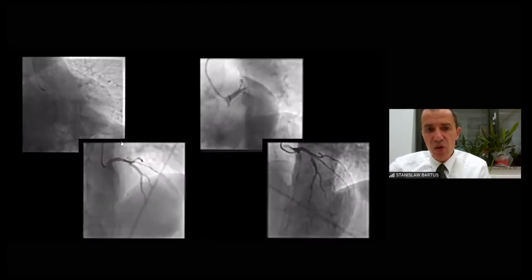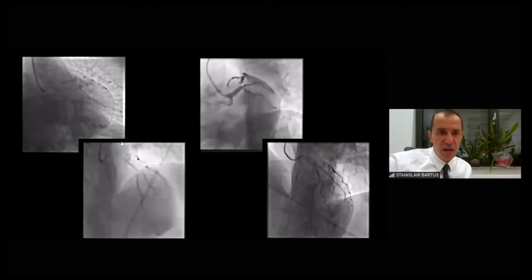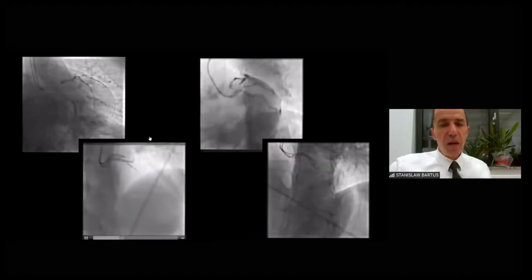So this is our concept of the use of the drug-coated balloon in bifurcations.